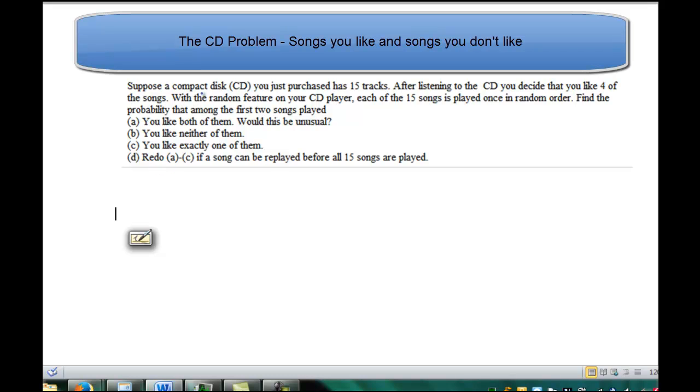Alright, so we know that we have 15 songs in total, and we need to look at this as 2 groups. So we have the group that we like, which contains 4 songs. So the ones we do not like must be the other 11.